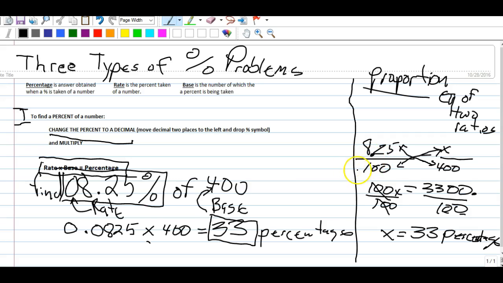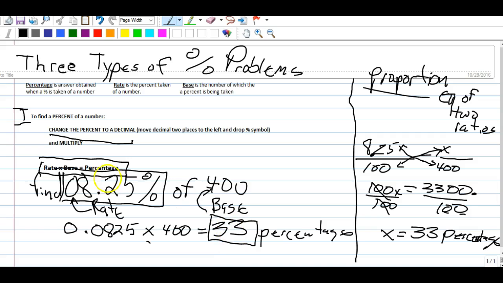And again, to find a percent of a number, you simply change the percent, or your rate, to a decimal. Change your percent to a decimal, and then you multiply by the base, and that gives you your answer.